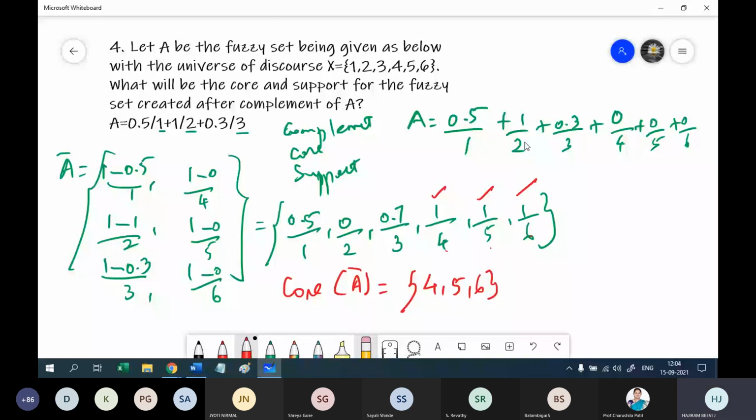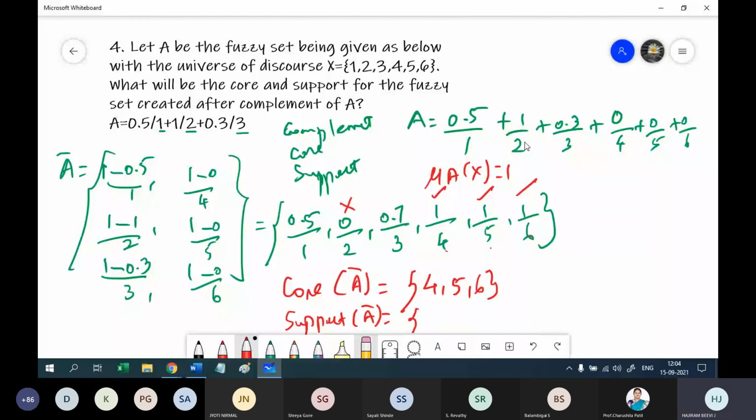So core of A bar is equal to 4, 5, 6, because here the membership value is equal to 1. Then support. What is the definition for support? The membership value should be greater than 0. So the zero term does not come, other terms come. So 1, 3, 4, 5, 6 is the support of A bar.